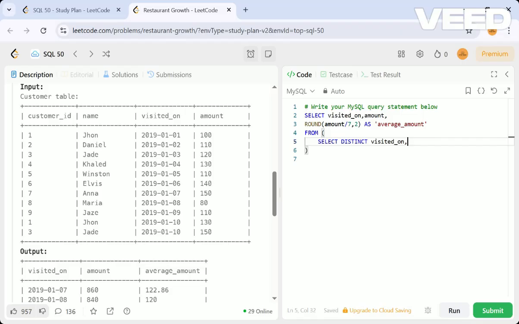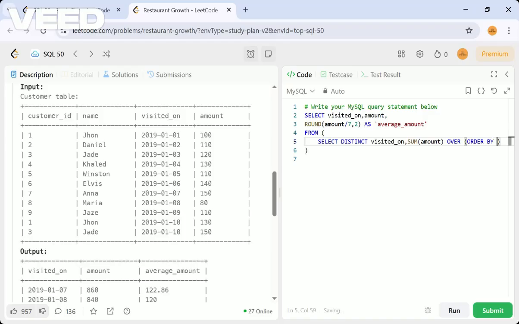Here you can see amount is not summed up. So that should be summed up here. This is in a subquery. Summed up of amount, on what condition? Based upon date, right?